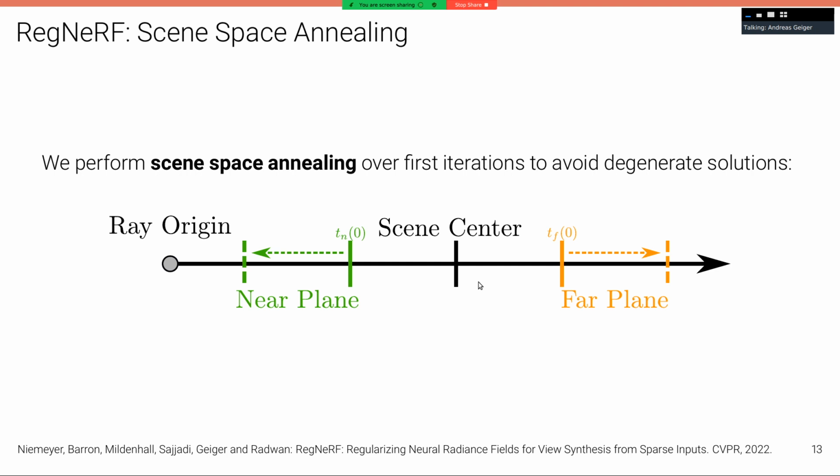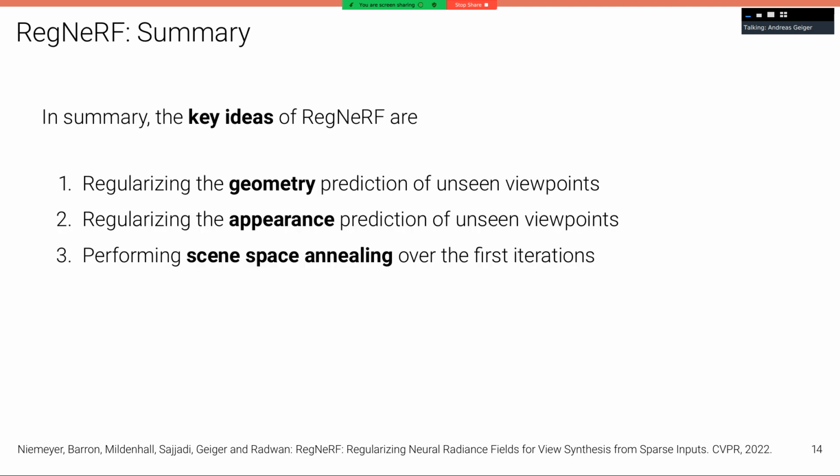And then during the course of optimization, we push this near and the far plane further away from the scene center, so that we sample also points outside that scene center. And this significantly helps in avoiding these degenerate solutions, because we start with something that is already reasonable in its center, and then we build up the reconstruction from there. So this helps the optimizer.